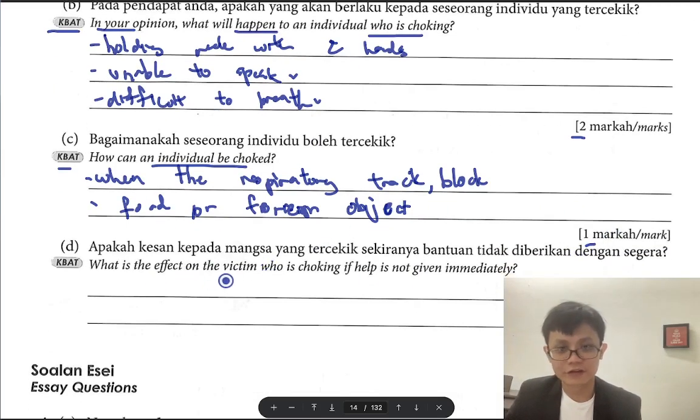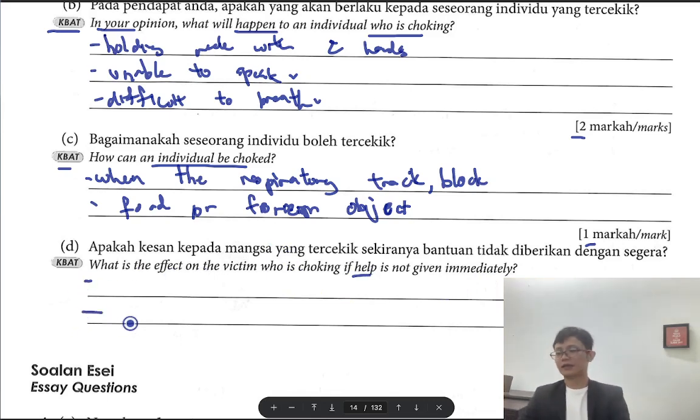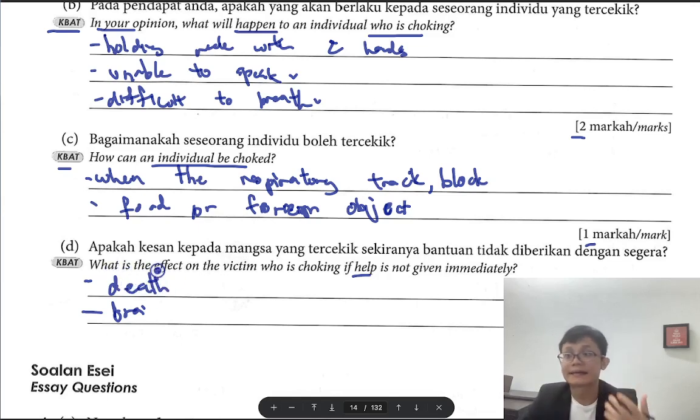What is the effect on the victim who is choking if help is not given? 2 marks again, so we need to write 2 points. Very good. We can say that the person could die. So I just put the keyword: the person might die because of brain damage.